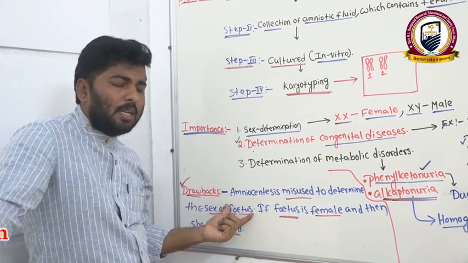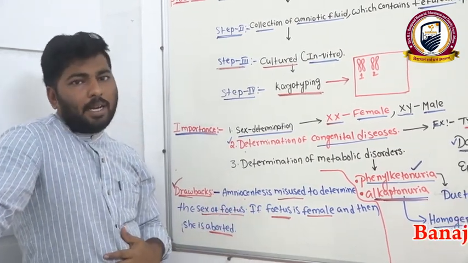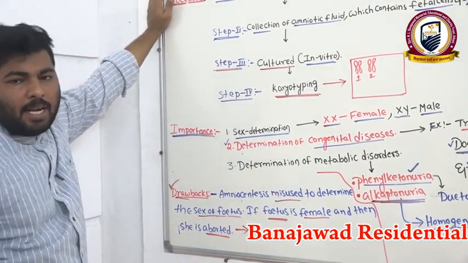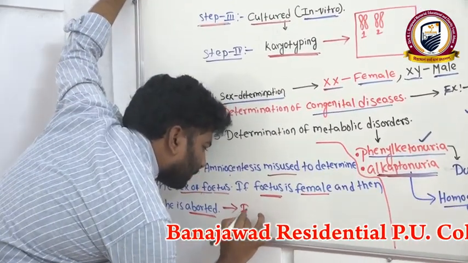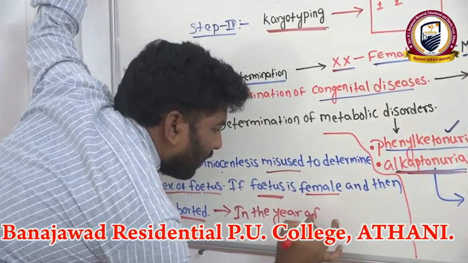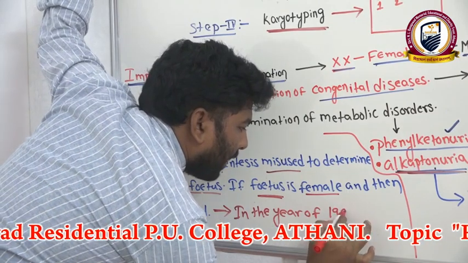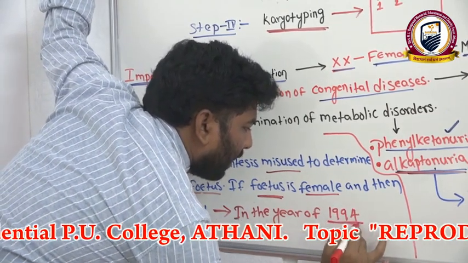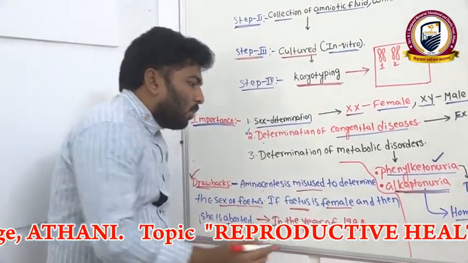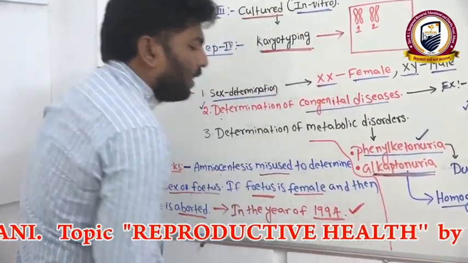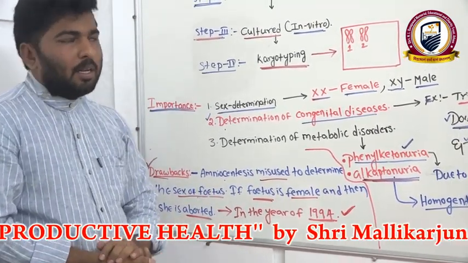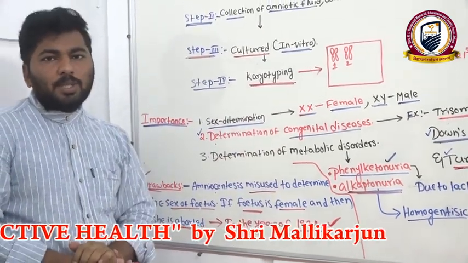So that is the reason amniocentesis is banned in India. It was banned in the year 1994. This is also asked as a 1 mark question, and sometimes it is given in entrance exams. Clear? This is about the amniocentesis story.